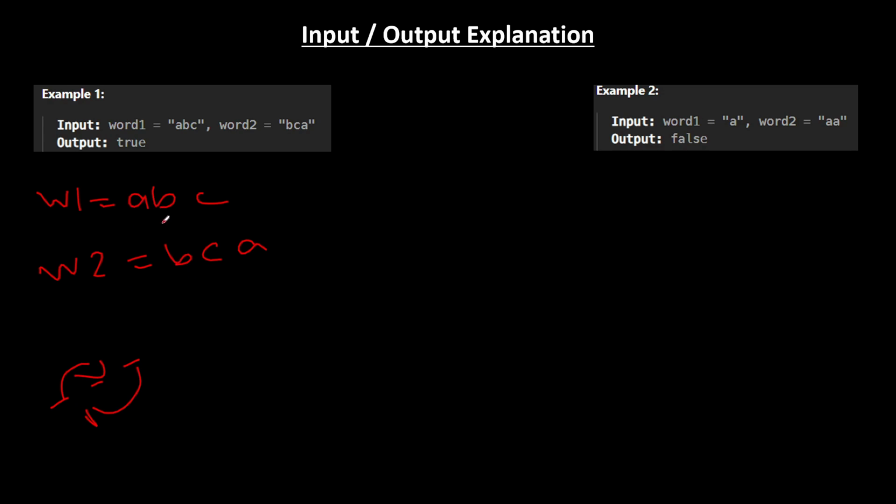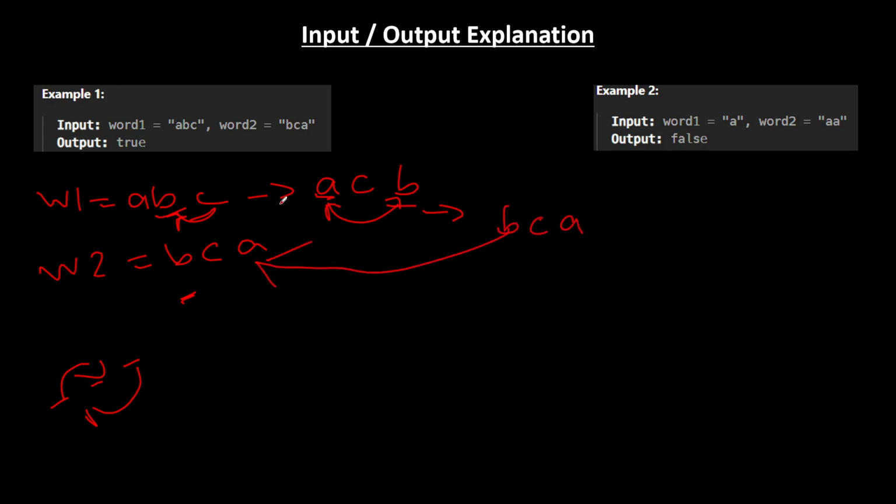If in word 1 we swap this B and C, it becomes A, C, B. And if we then swap A and B, we get B, C, A. So after two swaps, using only operation 1, we could get B, C, A. We didn't use operation 2 here.